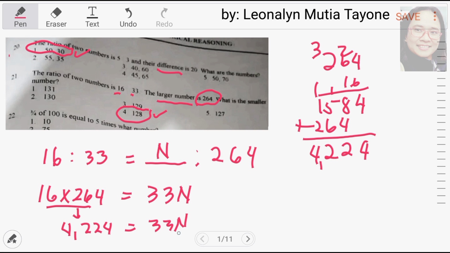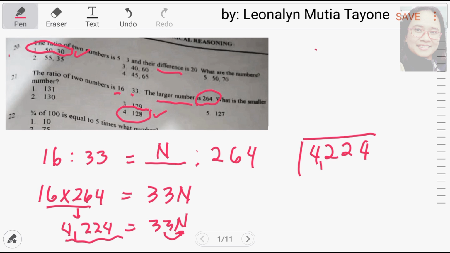Para ma-isolate mo si n dyan, since pang multiply si 33 sa n, pang-divide siya dito sa 4,224. Now, 4,224 divided by 33. Isa-isahin natin. This one is 1, 33, so this one is 9.